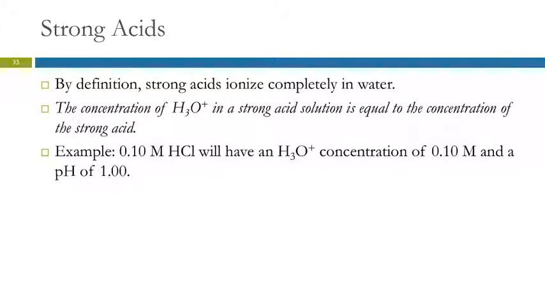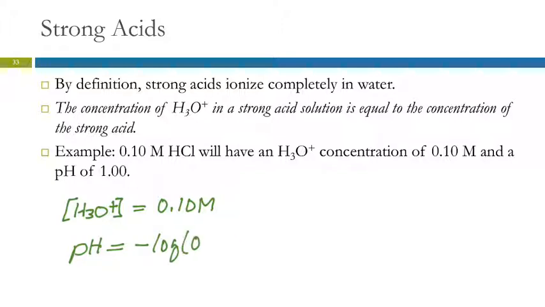It ionizes completely. So the hydronium ion concentration is equal to 0.10. And then the pH is the negative log of 0.10, which will give us 1.00 as our pH.